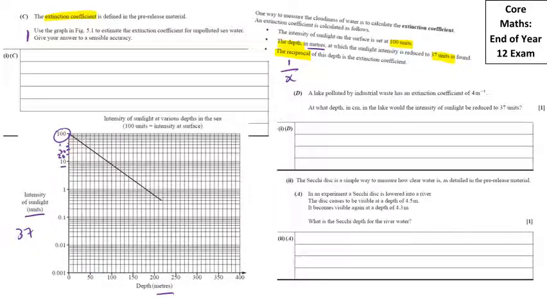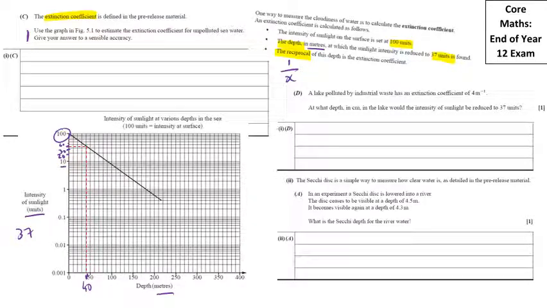The next one up there will be 40. So 37 is somewhere between them on this scale here. Now, it is hard to see. We can go for 37 being about halfway in there. If we draw our line across from there and then down, remember the x-axis on the bottom is just a regular linear scale, so we can read that normally. So that just comes out there as 40.